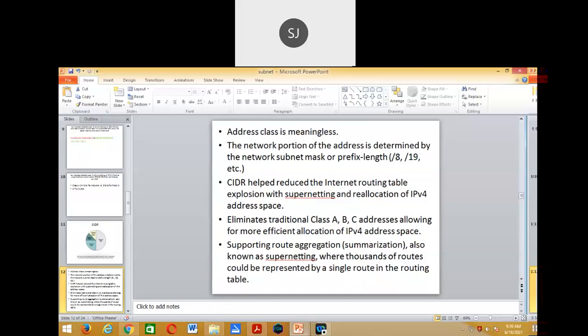Are you getting my point? Suppose I write 192.168.10.6 slash 18.